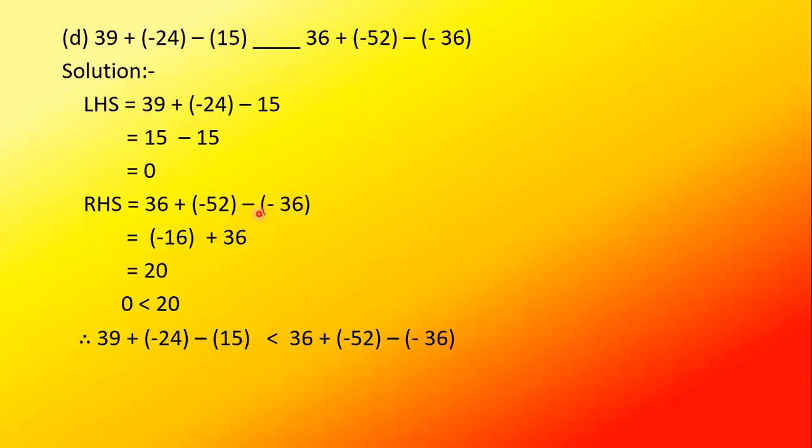Instead of subtraction, we will add the additive inverse. Minus 36, additive inverse is 36. So instead of subtracting minus 36, we will add 36. Now minus 16 plus 36, difference is 20 and the sign of the greater integer is positive. So the answer will be positive.